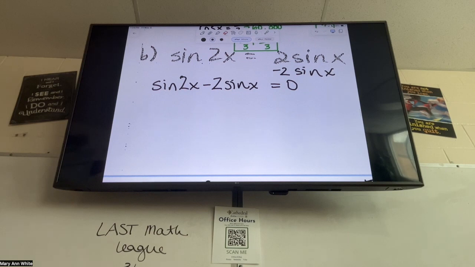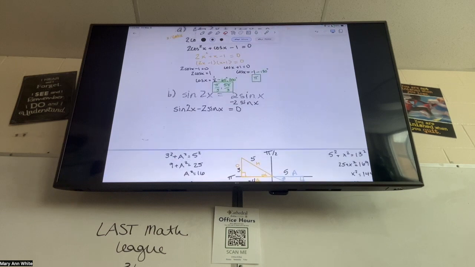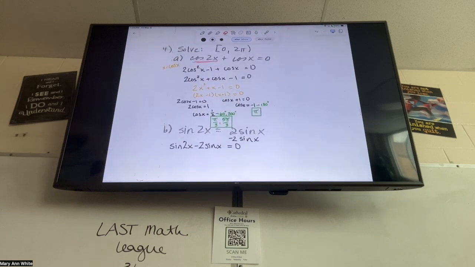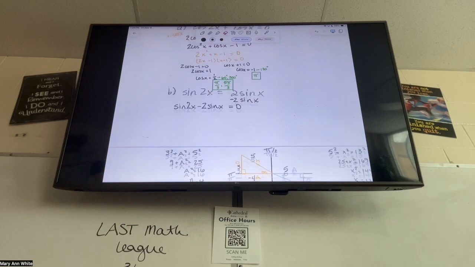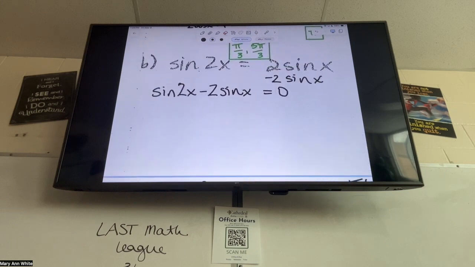I'm gonna ask you to go look at your formula sheet. We're on 4B. What does it say for sine of 2x or sine of 2 theta? Good, 2 sine theta cosine theta.